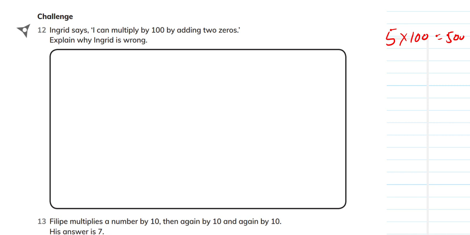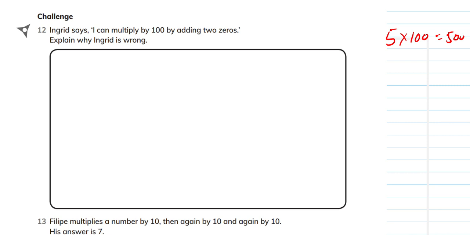Yes, it is also one of the ways, but actually she is saying by adding two zeros. There are two ways to answer this one. I don't know exactly what the writer of the book wants here.